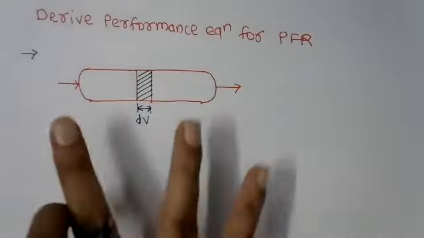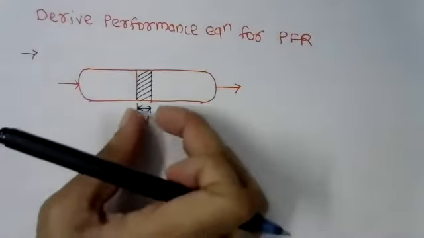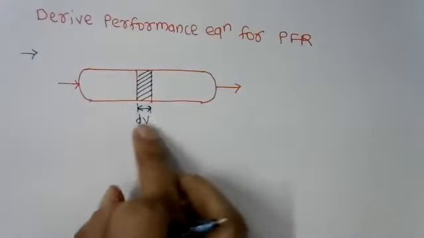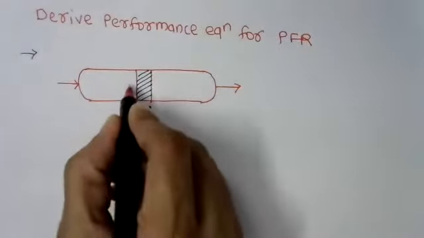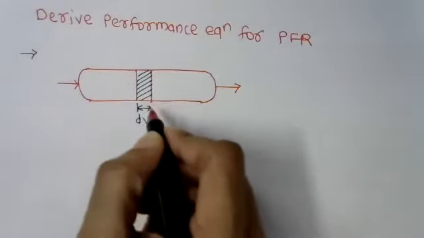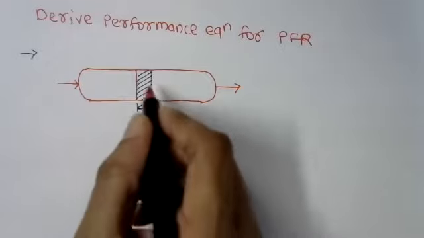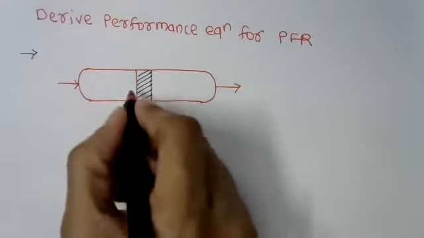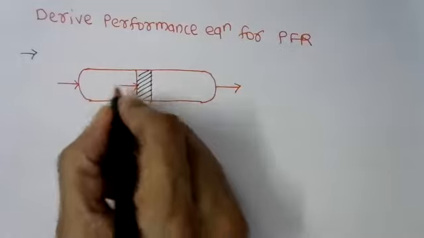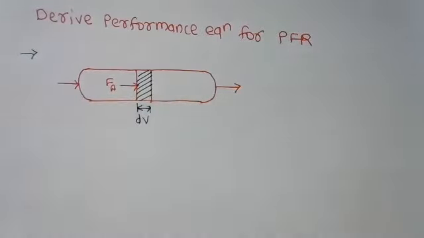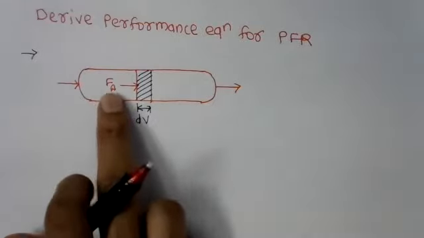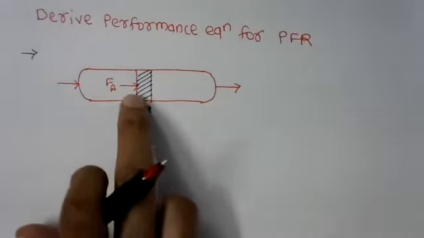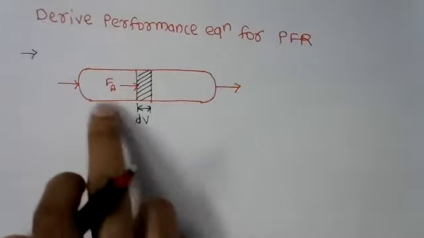I mean, out of this entire volume, I am considering a small portion having volume dV. Now, let the feed which enters this differential volume or fluid element be the molar flow rate of the reaction mass which enters this volume of the fluid element.